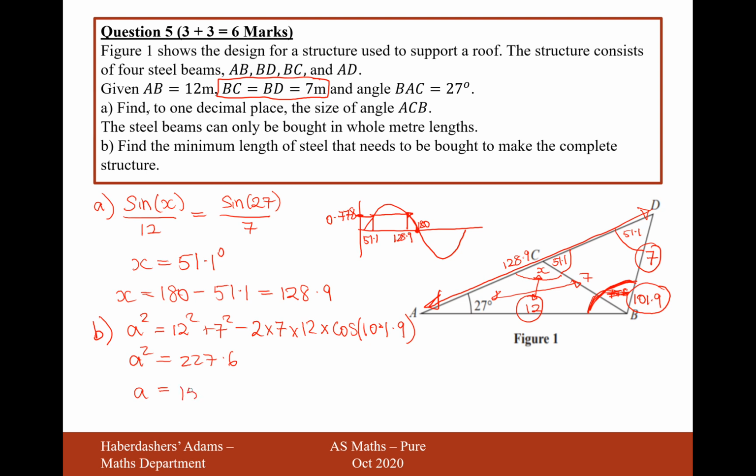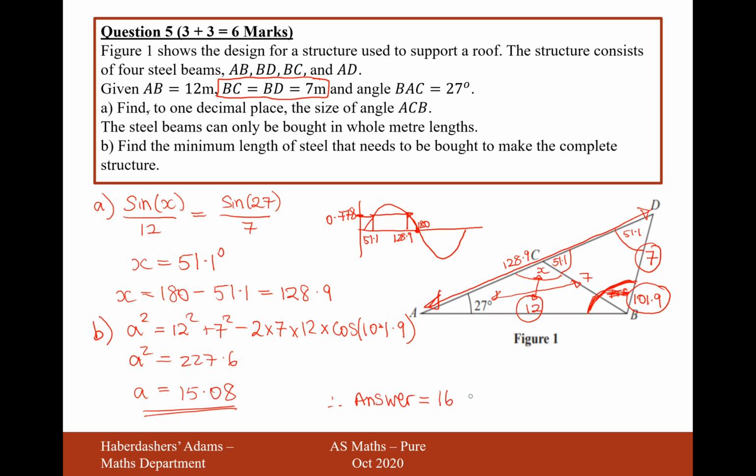15.08. So that's quite annoying really, because we'll have to buy our steel bars in whole meter lengths. So the minimum amount of steel needed to buy is going to be 16 for this 15.08.